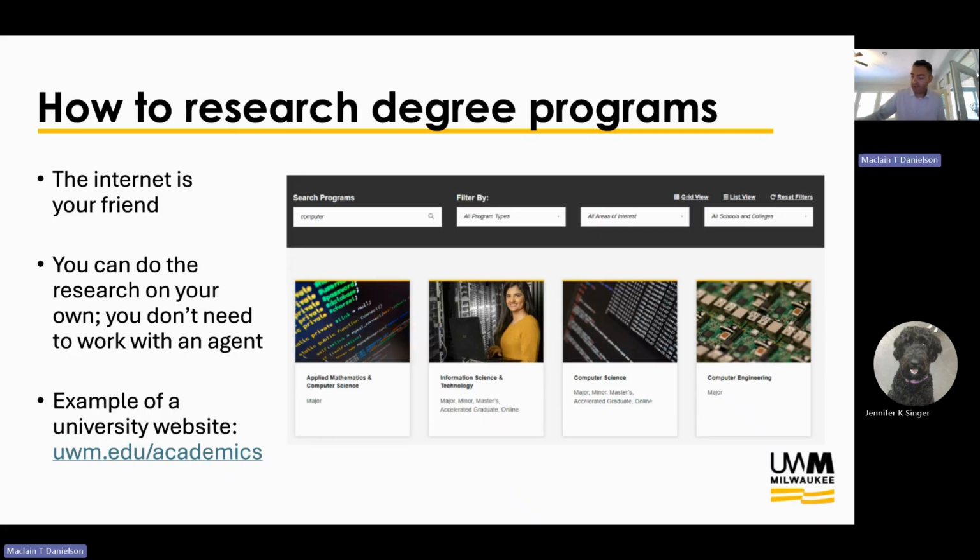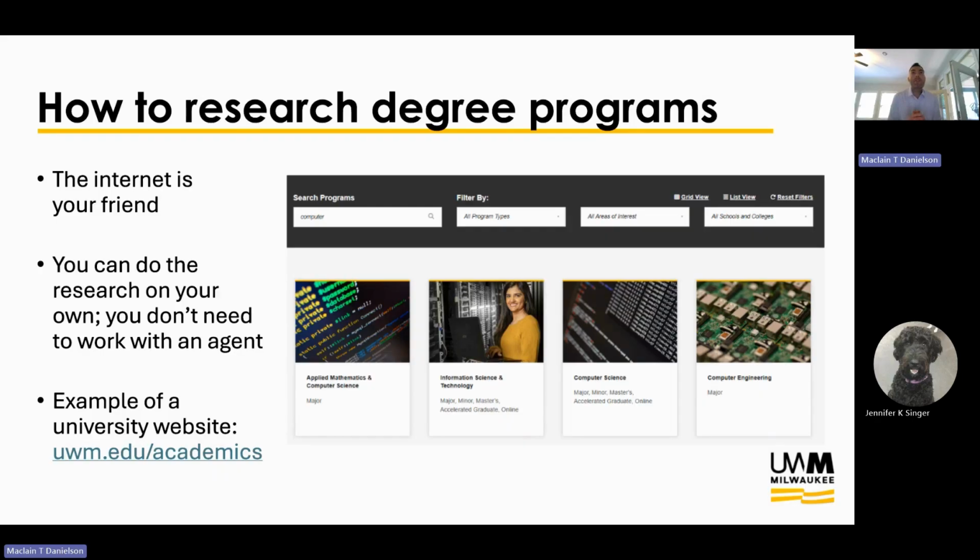Okay, so now that we've dissected a little bit further the different types of degree options that students have available to them, the next thing we want to talk about is how can students best research degree programs for them. Obviously, when they're being counseled by counselors, it's important to have the information of the different types of degrees out there, but also to encourage students to use the internet for their benefit.